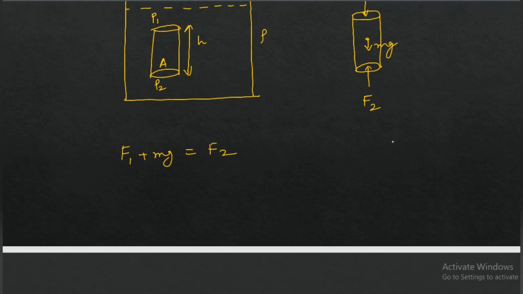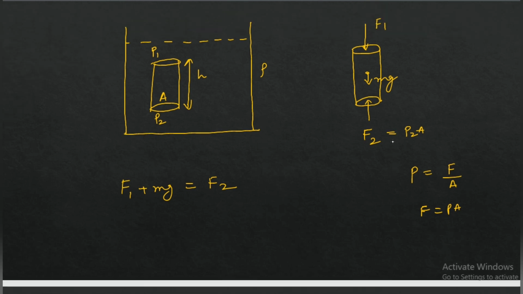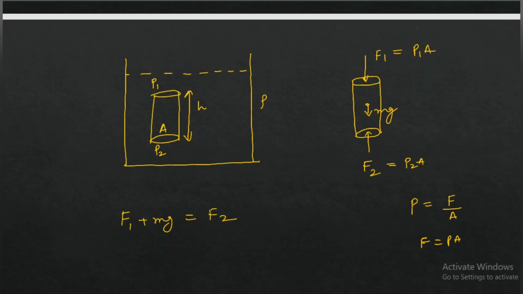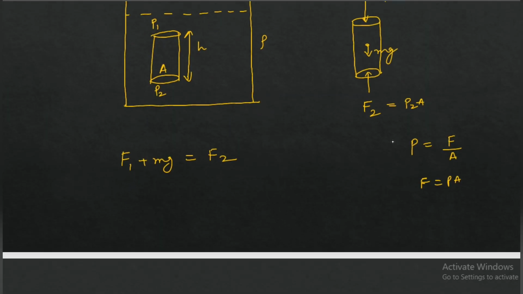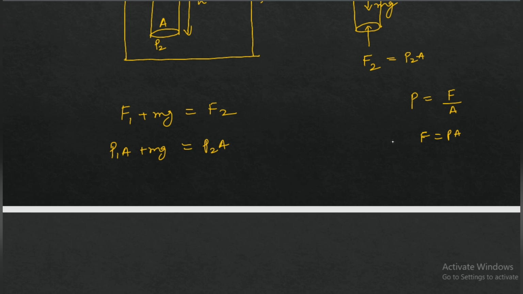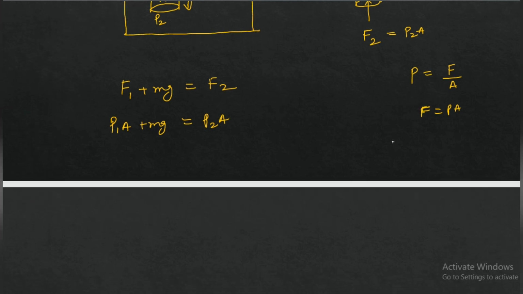But what is pressure? Pressure is just force per unit area. So force is pressure times area. F2 is P2 times A, and F1 is P1 times A. So F1 plus mg equals F2 can be written as P1 times A plus mg equals P2 times A, right? So what is m here? Mass of the cylinder. We know that the volume of the cylinder is area times its length h, and we know that rho is mass per volume.